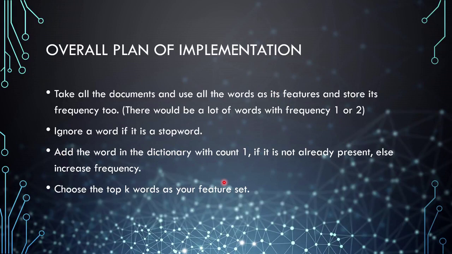And then we will choose the top k words as our feature set. Whichever words have the most frequency, we will try to predict the topic of the document from those top keywords.